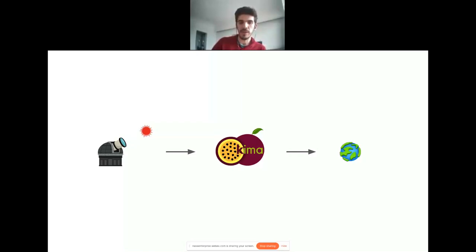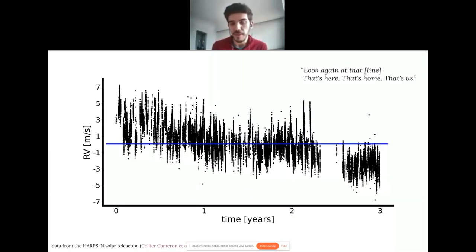Why is this difficult? We've been doing this for several years now. One of the reasons that this is difficult to do in radial velocities is that the contribution from stellar activity, from the stars themselves, is several orders of magnitude larger than the signals we are searching for.